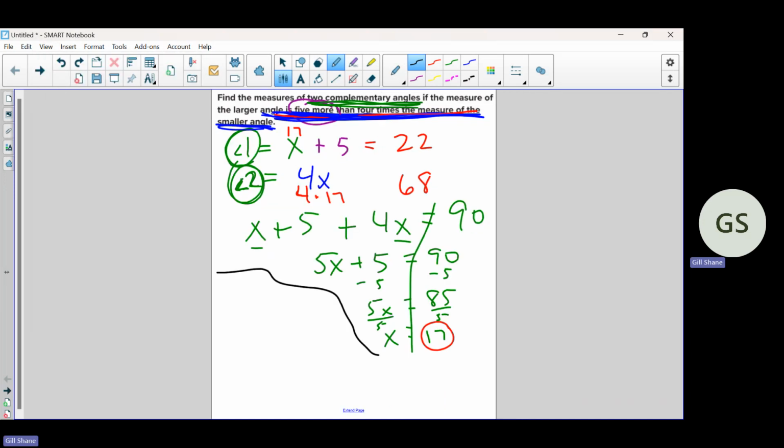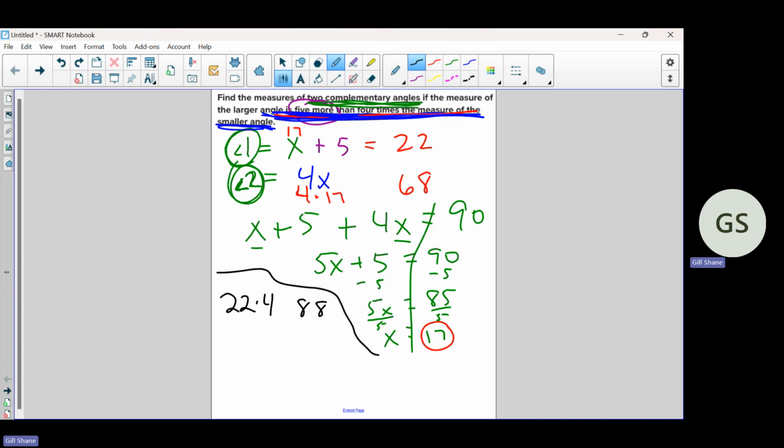We know that the smaller angle is going to have to be multiplied times 4. We know that's in that statement where it says 4 times the smaller angle. So we're going to take the smaller angle and multiply it times 4. So 22 is the smaller angle, 22 times 4, and we get 88.